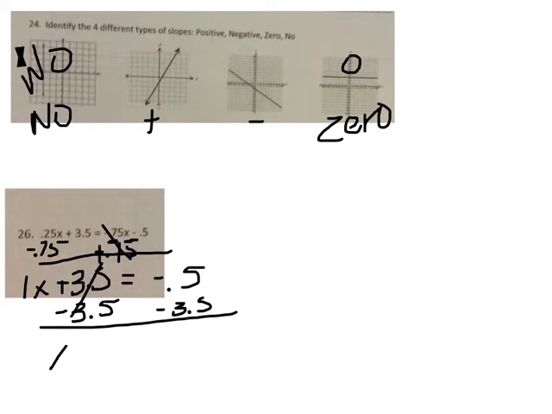This cancels out. That's going to give me 1x plus 3.5 equals negative 0.5. Now I'm going to do minus 3.5 on both sides. I'm going to get an answer of x equals negative 4.